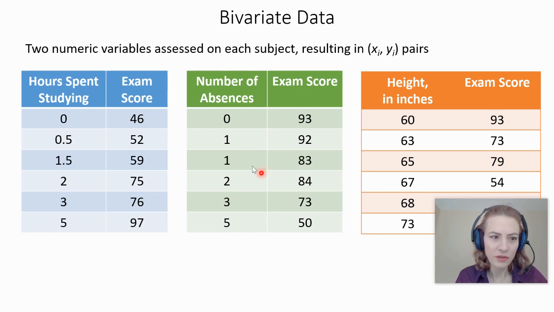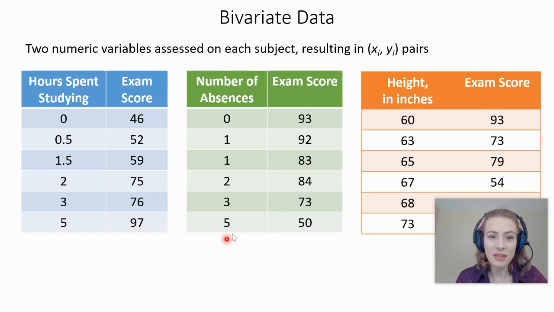If we graph these, maybe go ahead and make some predictions right now. What sort of relationship would you expect between the time someone spent studying and their score in an exam? At least if they're doing a good job studying, one would expect that if they study more, they should score more points.